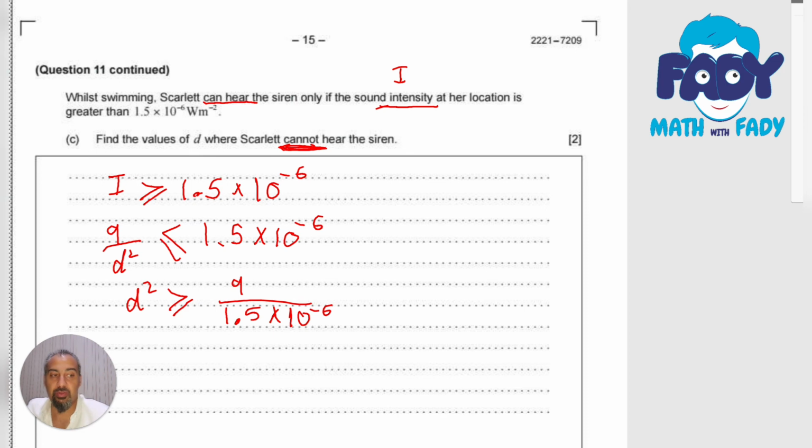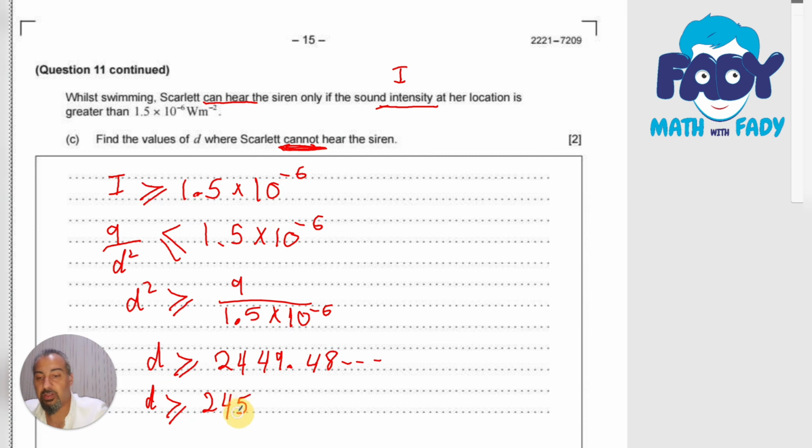Then take the square root. d is more than or equal to 2449.48 and so on. And we may write d more than or equal to 2,450 meters. So she cannot hear the siren if the distance is more than or equal to 2,450 meters.